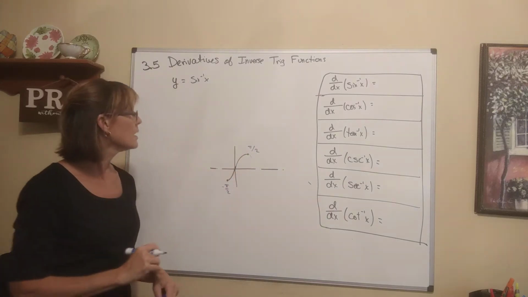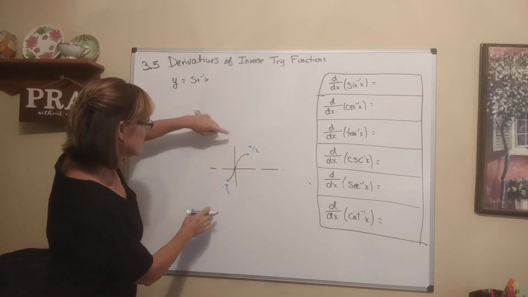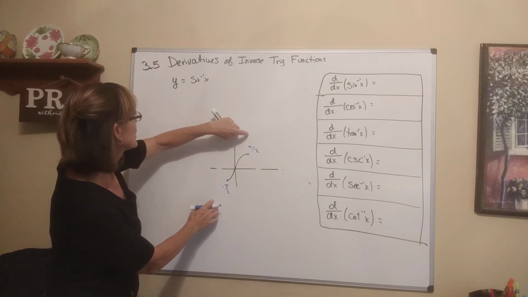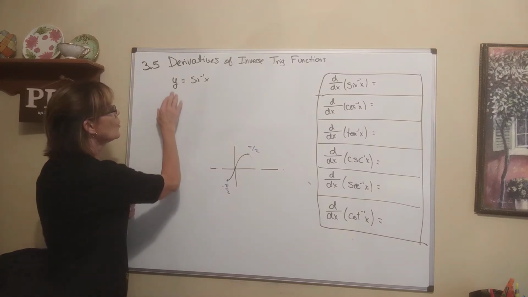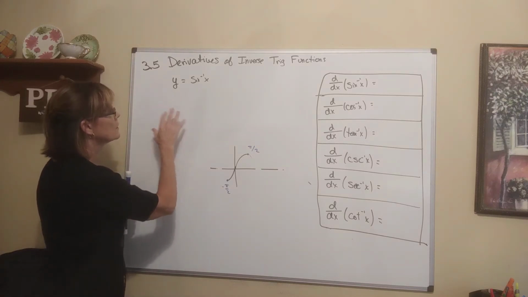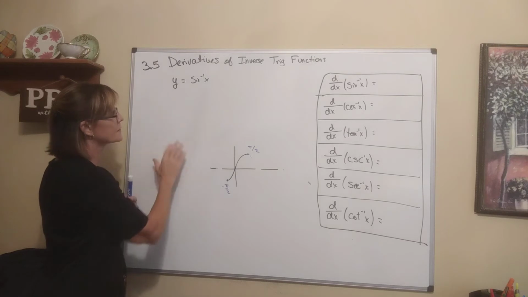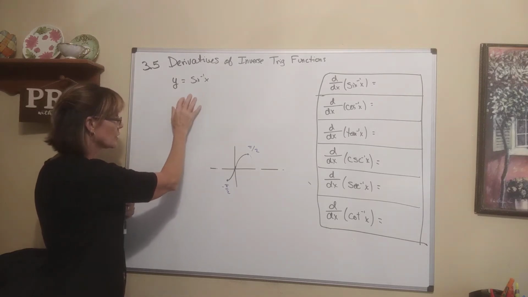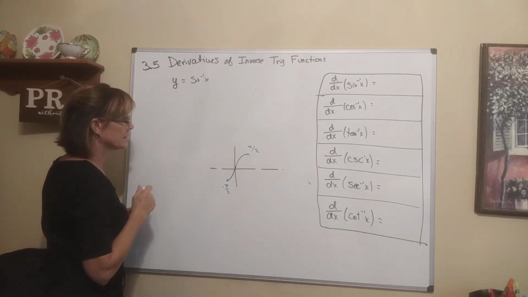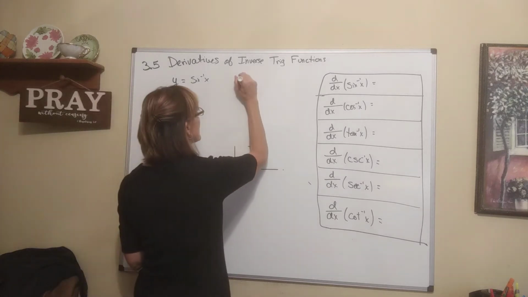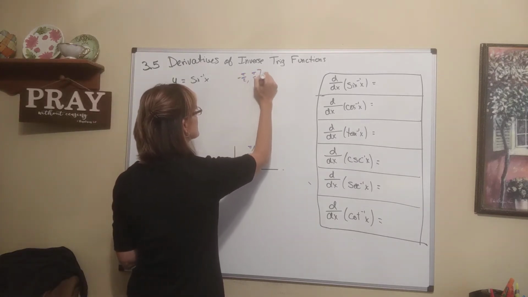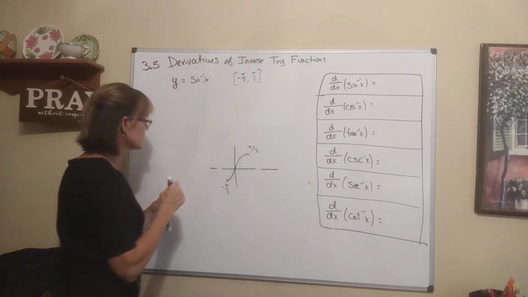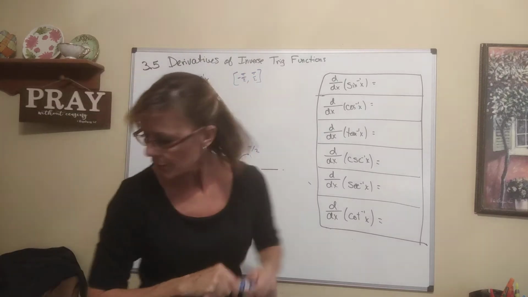That is the portion that we're looking at right here. Okay, so what we're saying is, what angle would give us an output of some angle? That's what we're asking when we look at the inverse sine. So if you recall, -pi over 2 to pi over 2 is what we're looking at right here. Okay, so let us begin.